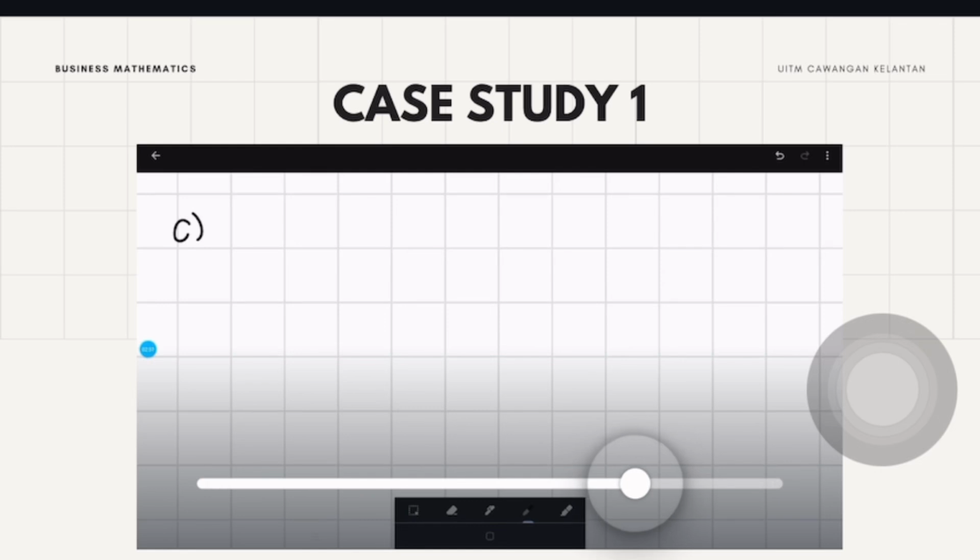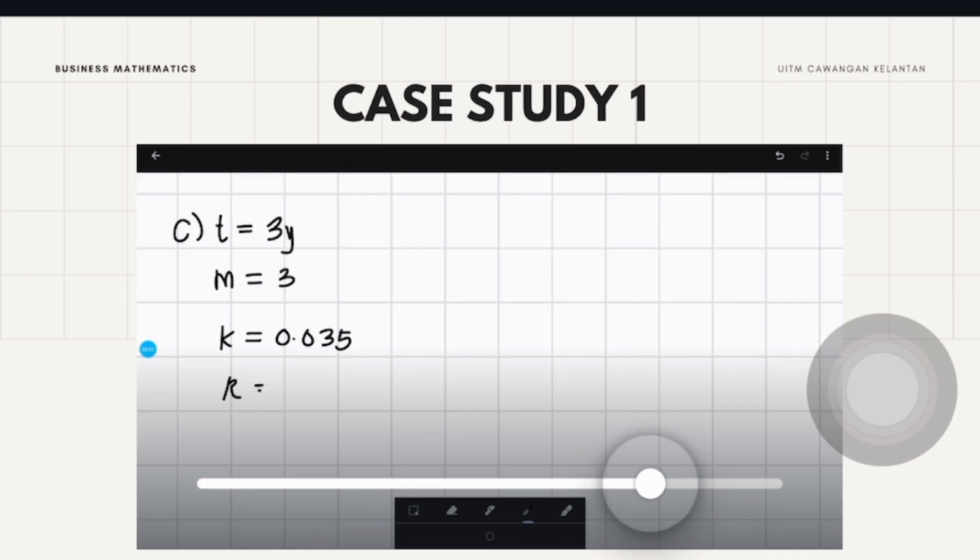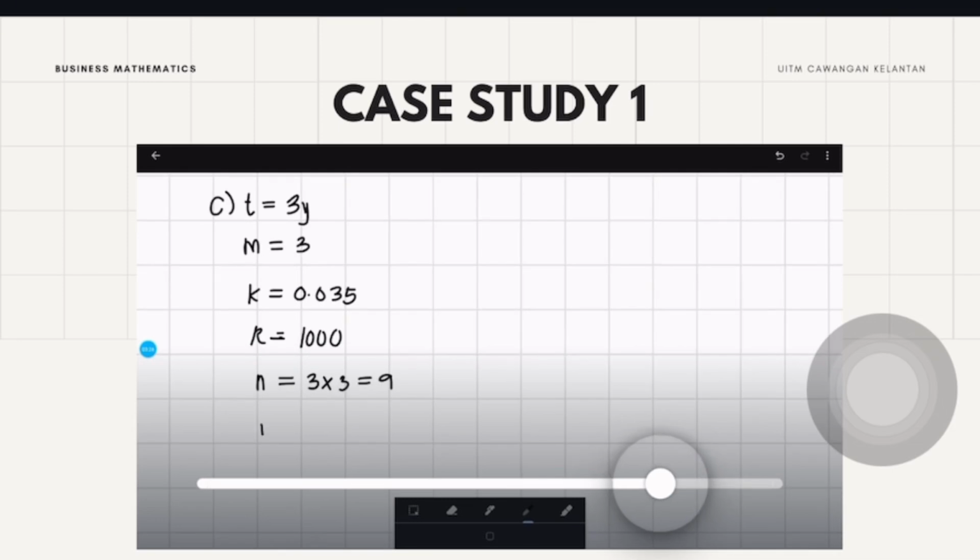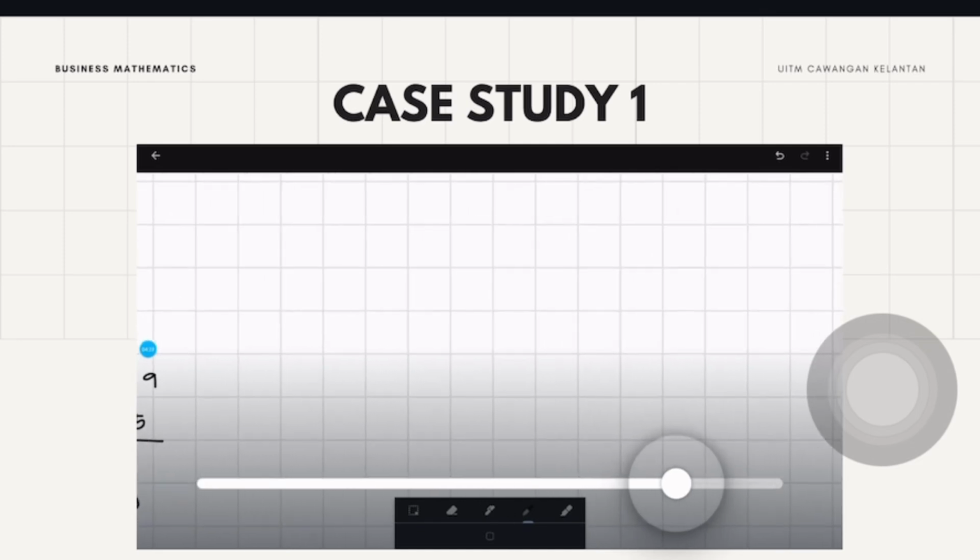So for question C, our time is 3 years and our frequency is 3. Nominal interest rate is 0.035 and our periodic payment is 1,000, and our term of investment is 9, and of course lastly our periodic interest is 7 per 600.